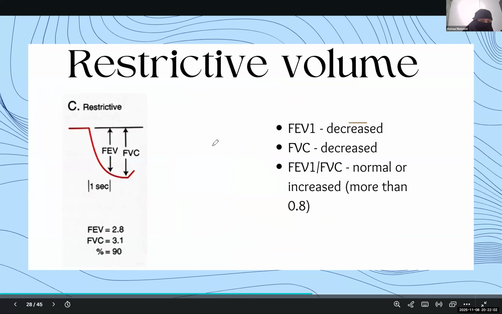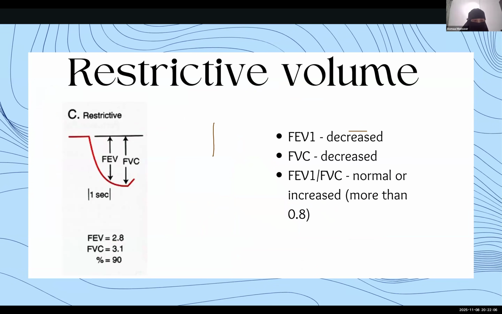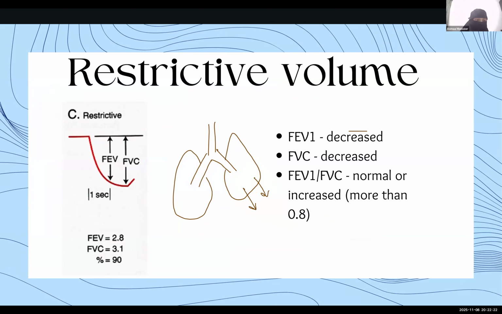Okay. For example, if you consider this as the lungs, all right? Okay. So as you can see, Mariam, here are the lungs. In restrictive diseases, there is a problem with the lung expanding. Let's say this much air is there in the lungs. This is the amount of air that's there in the lungs.